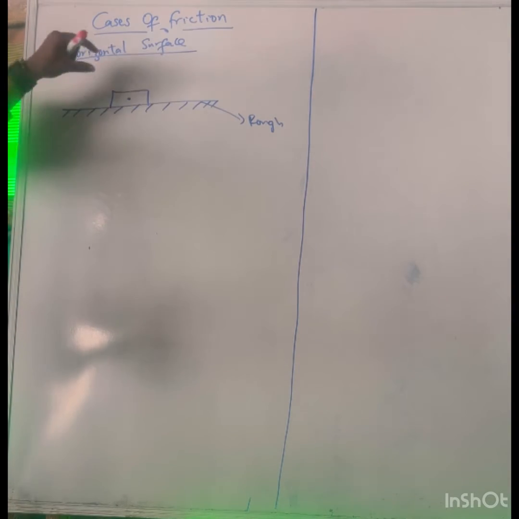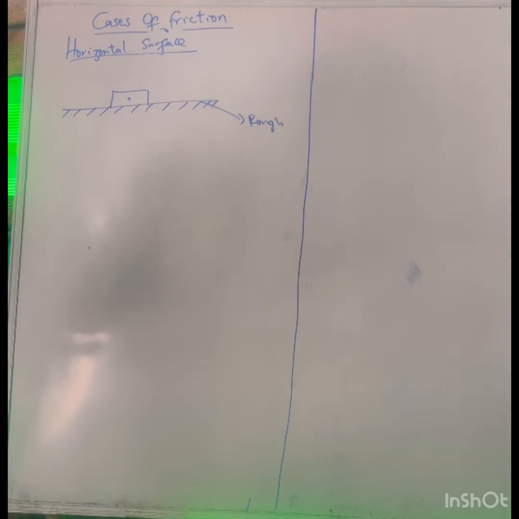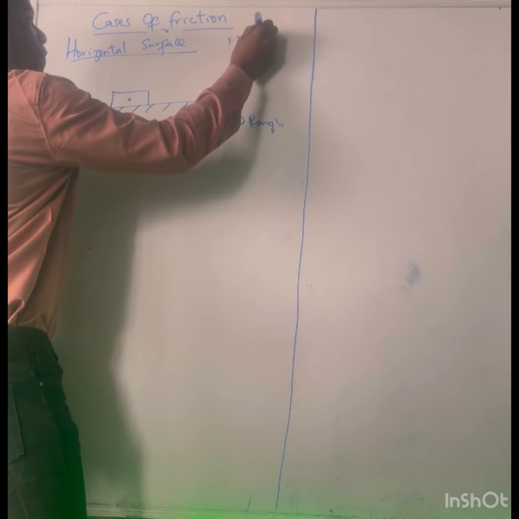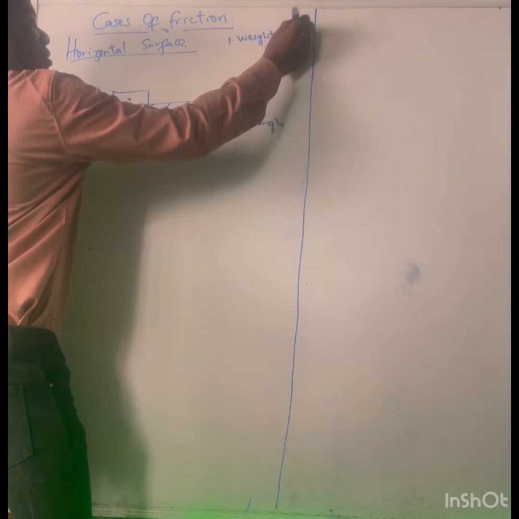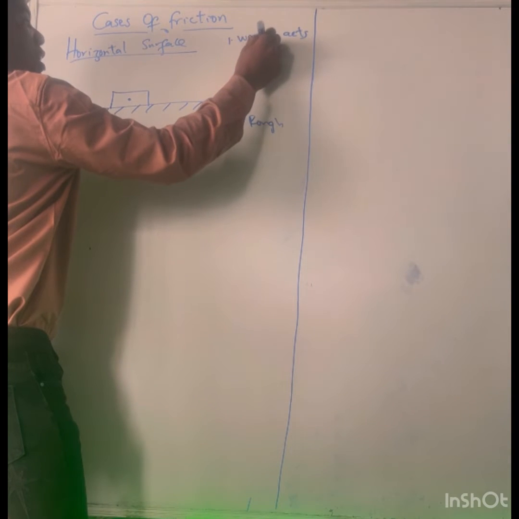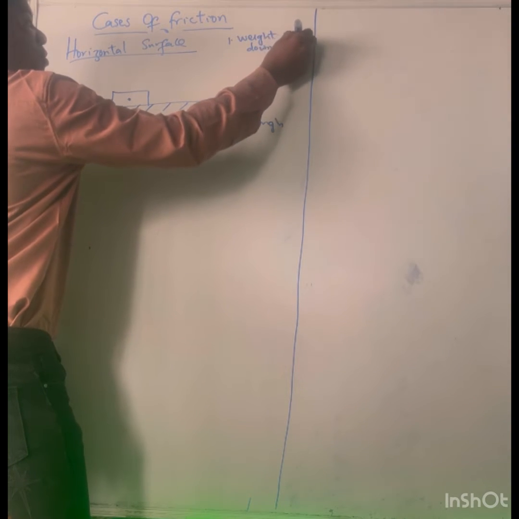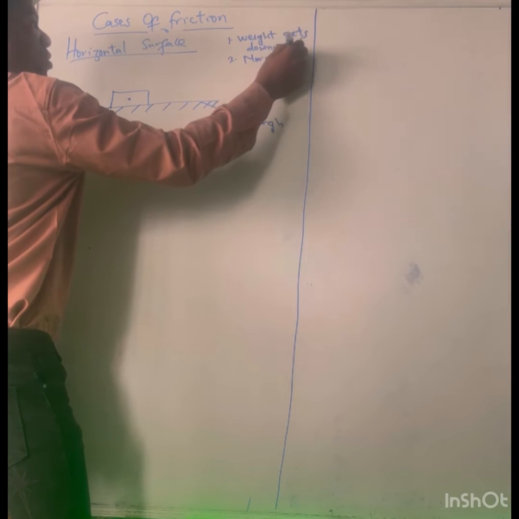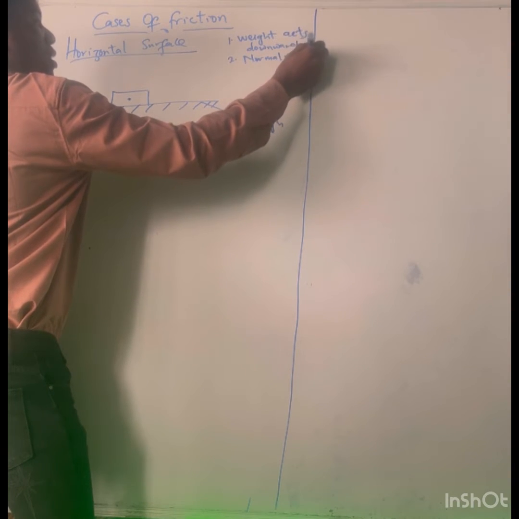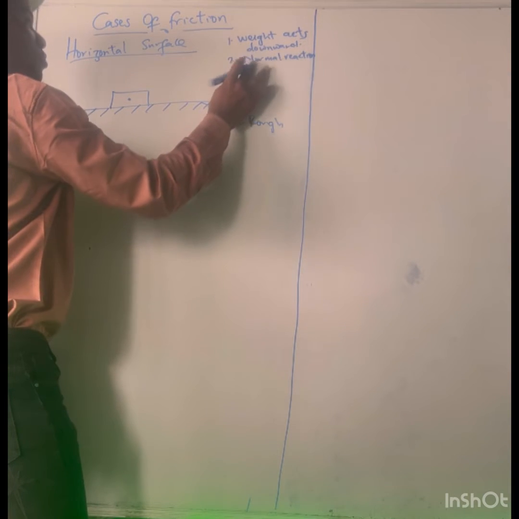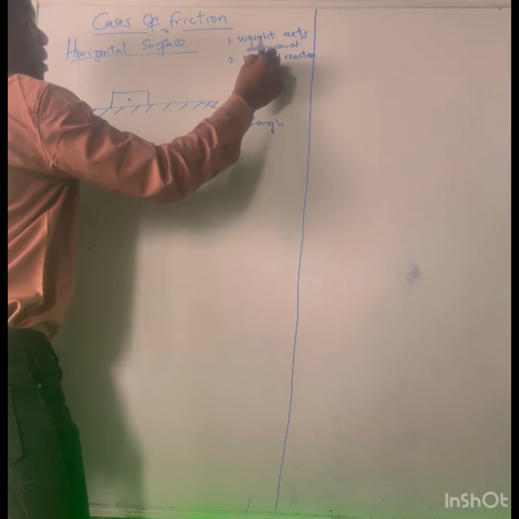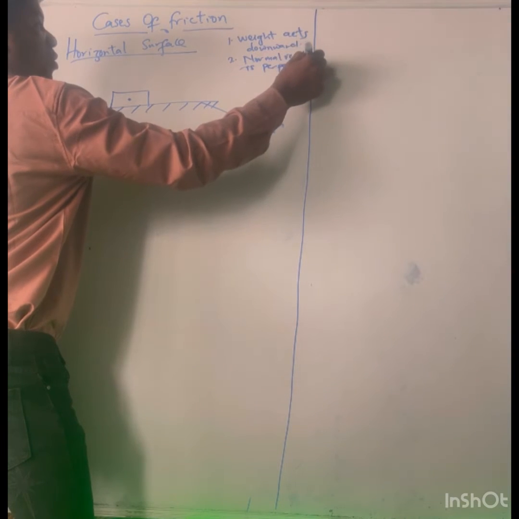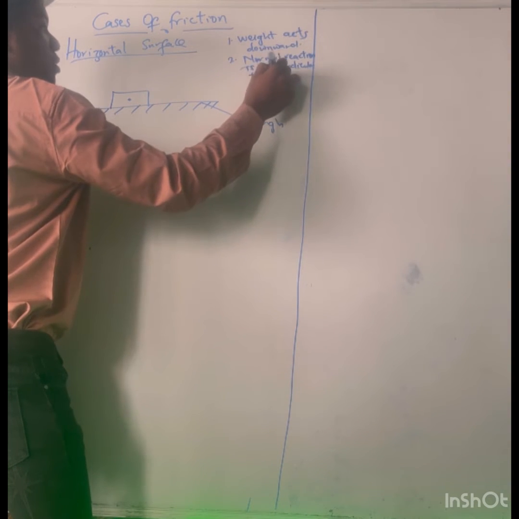Once I place an object on this surface, there are two things you have to note. The first is that weight acts downward. Number two, the normal reaction is perpendicular to the surface.